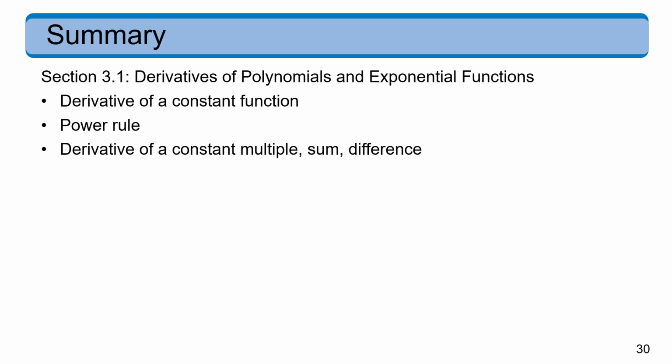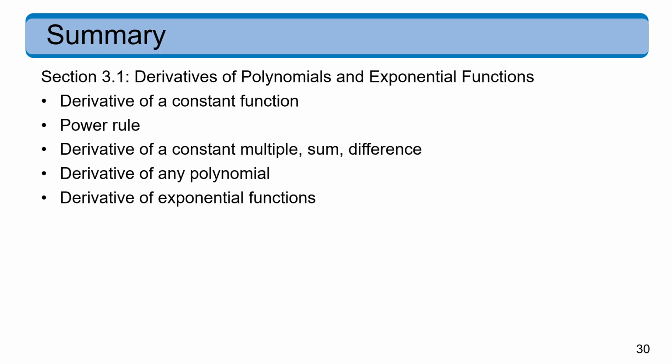Then we learned some rules to tell us how to take the derivative of a constant times a function, the sum of two functions, or the difference of two functions. And if you put all those rules together, we now have a method for taking the derivative of any polynomial without having to use the limit definition of the derivative.